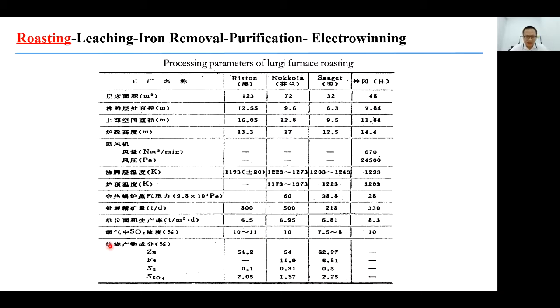And in the product of the roaster, this is the calcine. We can find the zinc content is around 54 to 60%. The sulfur is replaced by oxygen, and the concentration of zinc slightly increased. The iron stays here, but the total amount of sulfur decreased very much. And the sulfur stays in 2 different forms.